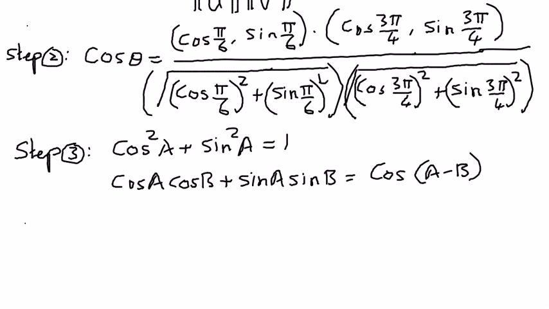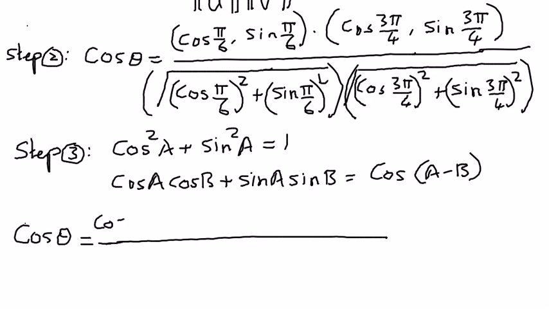So when we simplify this, let me write it again. Cosine theta is equal to, the numerator part, we're going to write as cosine pi over 6 times cosine 3 pi over 4.